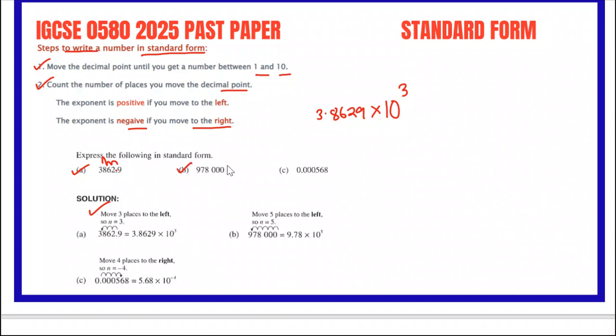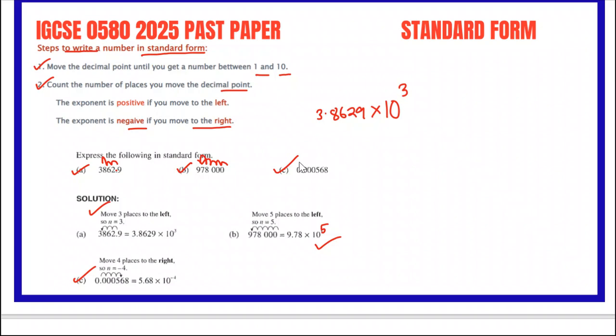978000. That means we have to move the decimal 1, 2, 3, 4, and 5 places left, so it will become 9.78 times 10 to the power of 5. Clear? Next question, part C, 0.000568. That means we have to move this decimal to the right.